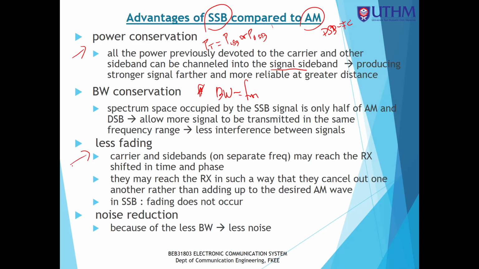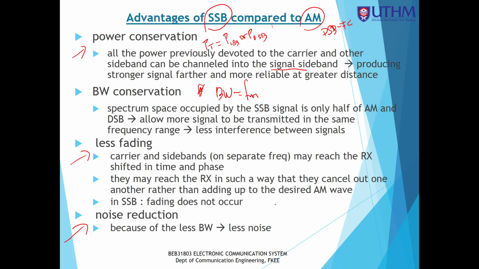Less fading. Fading is the continuous attenuation, attenuation that happens repeatedly from transmitter to the receiver. That is what we call fading. So in terms of fading, it is less compared to AM, double sideband full carrier. And then noise reduction, because of less bandwidth.